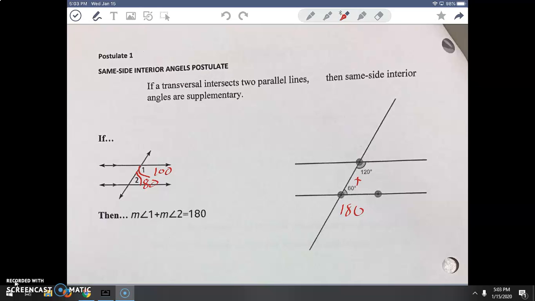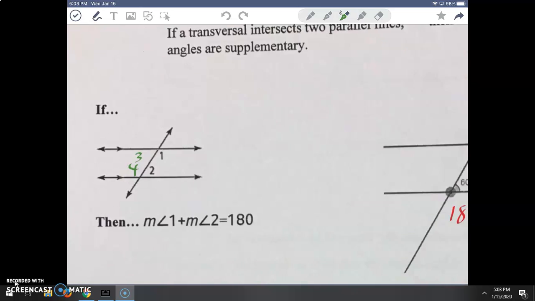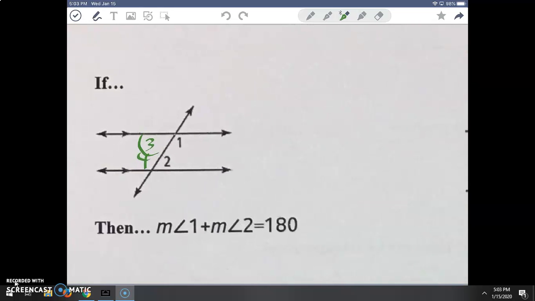You could have angle 1 be 75. If that's the case, the other is going to be 105. Those angles have to add up to equal 180. That could be either those two, or if I labeled angle 3 and angle 4, these two would also have to equal 180.